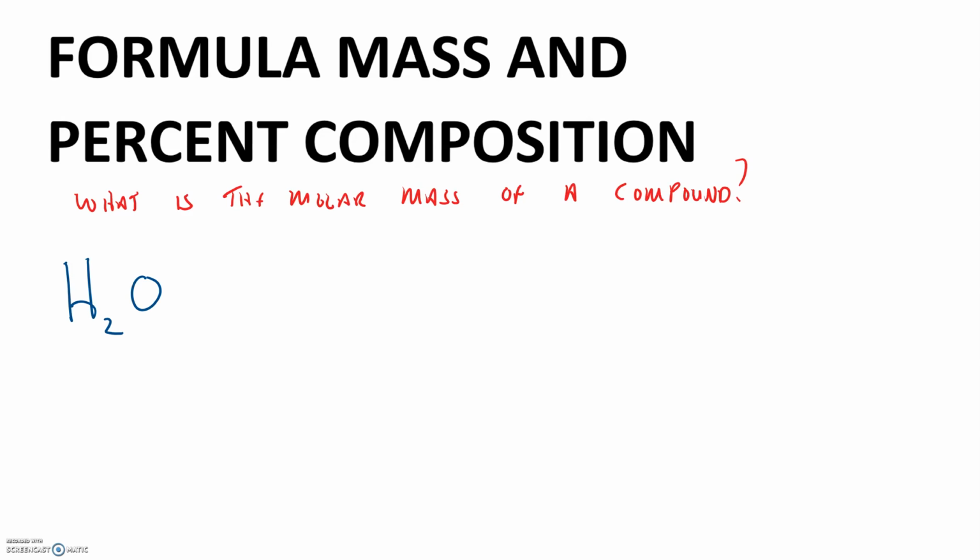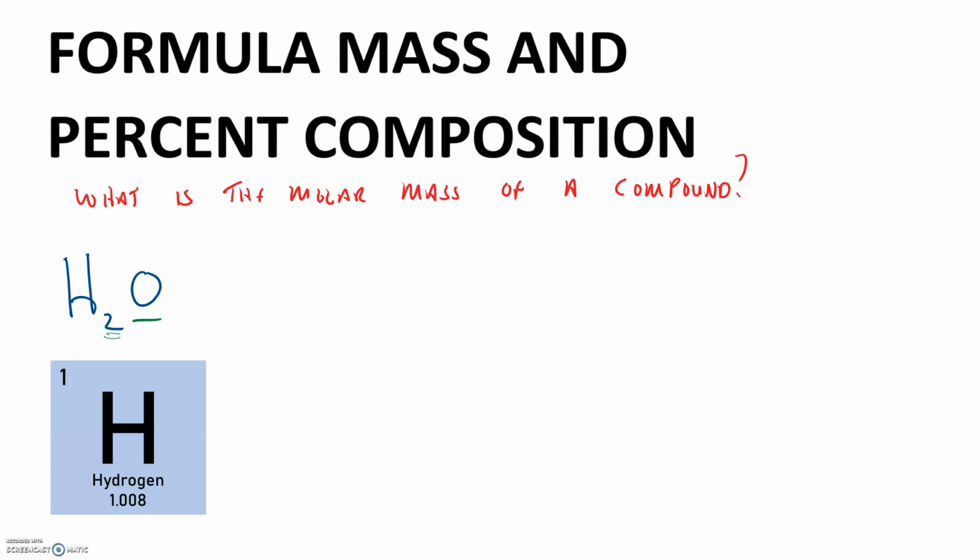And it's a molecular compound. Molecular or ionic doesn't really matter. What we do know is that in this formula there are 2 atoms of hydrogen and 1 atom of oxygen. If there's no subscript after the element, then it just means 1. And we know, going all the way back to the very beginning, chapter 3, that hydrogen has an atomic mass of 1.008 grams.